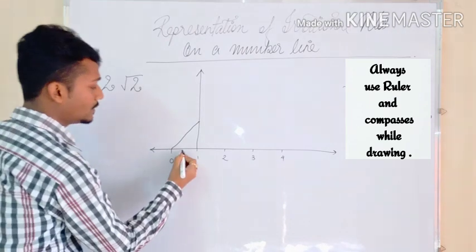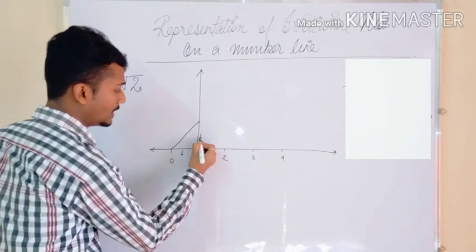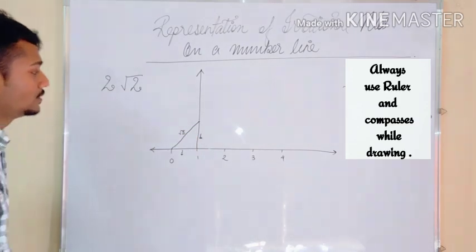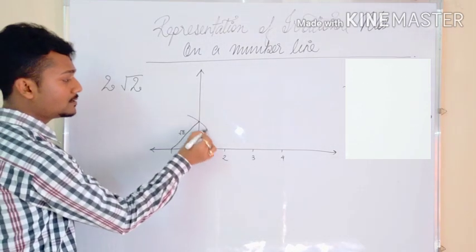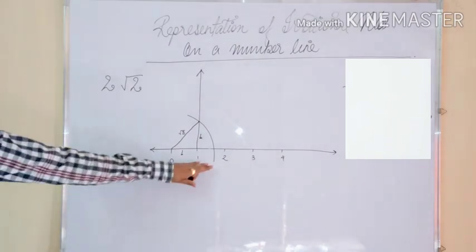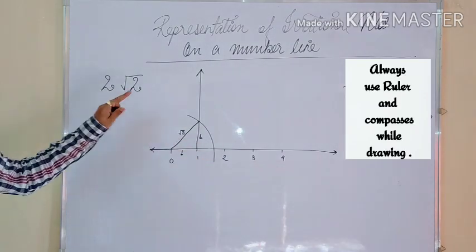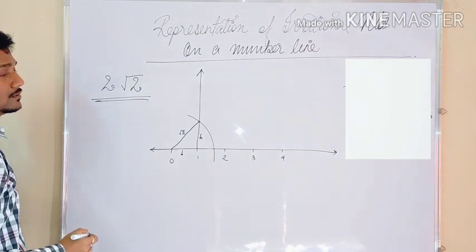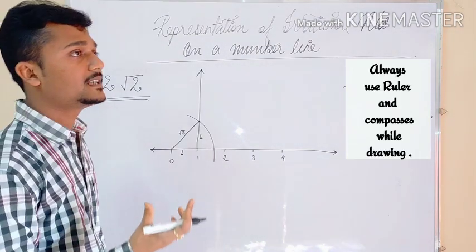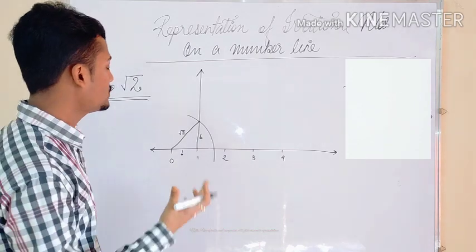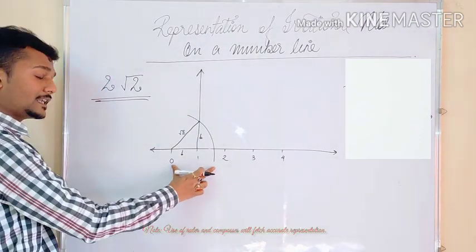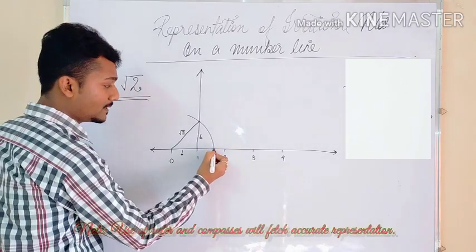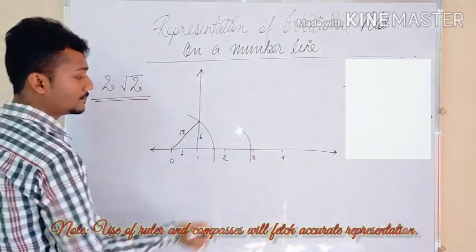This one is 1 unit, so this will be equal to root 2. So place the compass, draw an arc. This is root 2. Then 2 times root 2: the statement itself says what to do. 1 time root 2, then again place the compass here and draw one more arc.